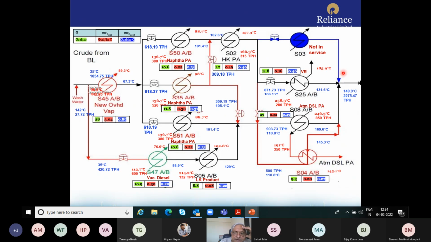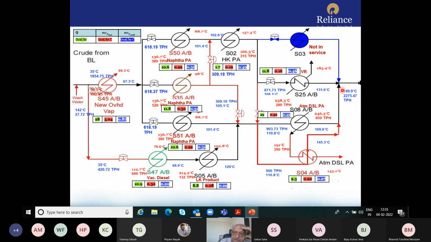This is the cold preheat train of that refinery. So you can see that the crude comes in and gets split into two trains. This is where heat is recovered from the overhead vapor, and this is another heat recovery. Then this gets split into another three trains, and it's pretty complicated.